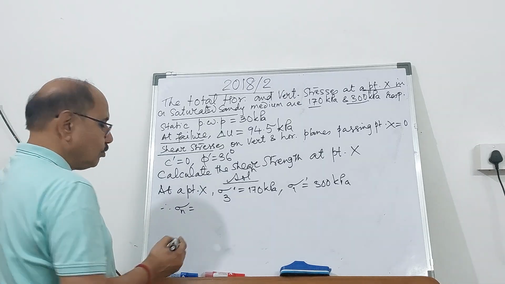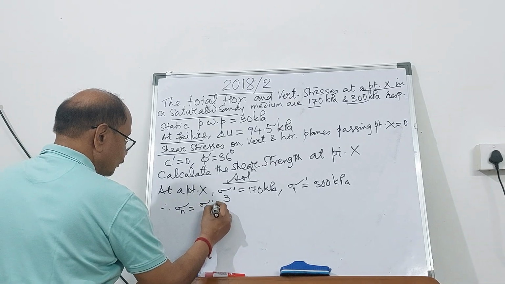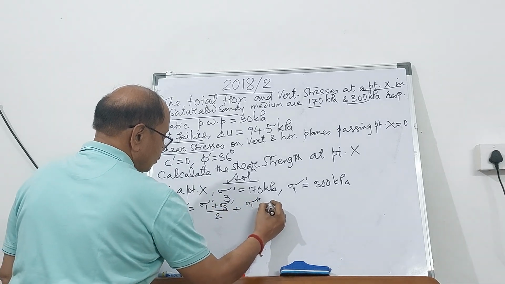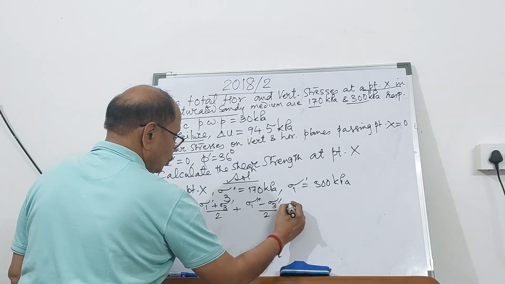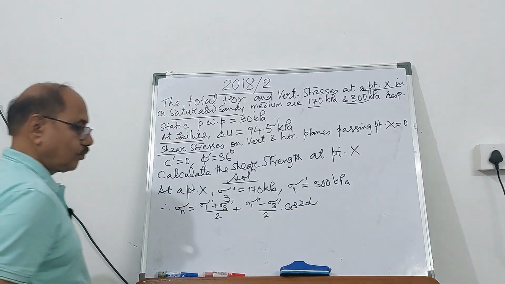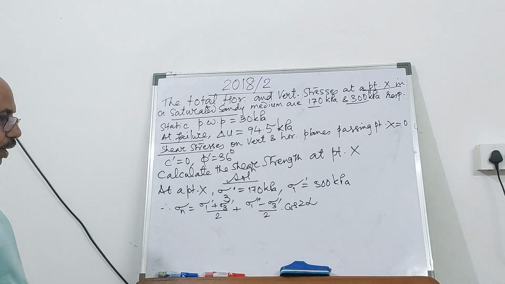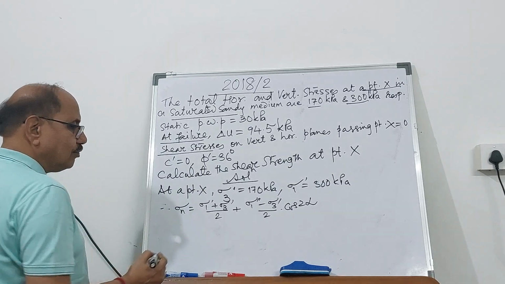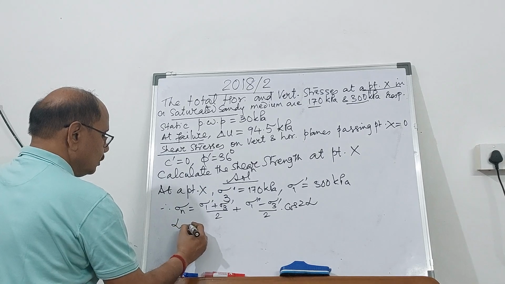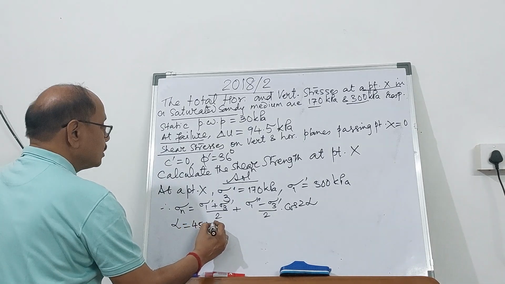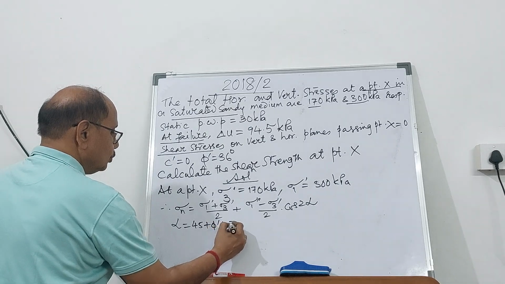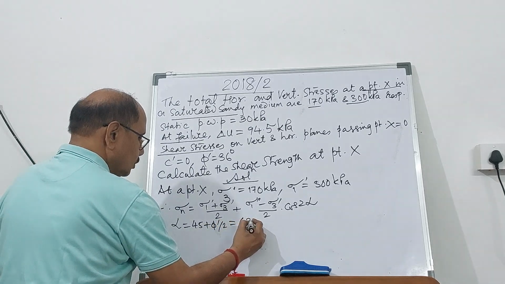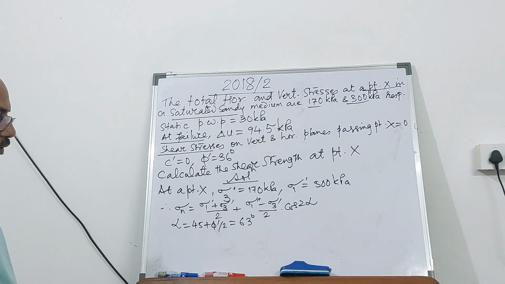Sigma n, you know the formula, equals (sigma 1 plus sigma 3) by 2 plus (sigma 1 minus sigma 3) by 2 into cos 2 alpha. And we know the value of alpha: alpha is 45 plus phi prime by 2. So if you add 18 degrees more, this becomes 63 degrees.